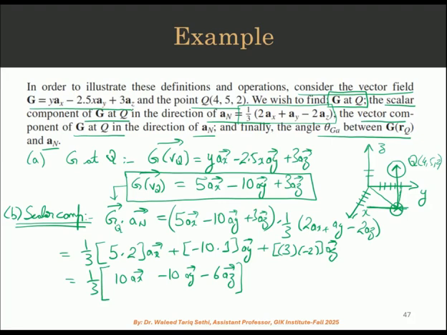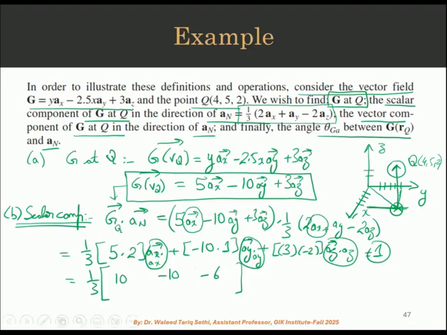But remember that AX is getting multiplied with AX over here, AY with AY and AZ with AZ. All of these dot products of similar units will be equal to 1. So we'll be left with 10 minus 10 minus 6, divided by 3. The final answer comes out to be minus 2. This is the scalar output from the scalar component.